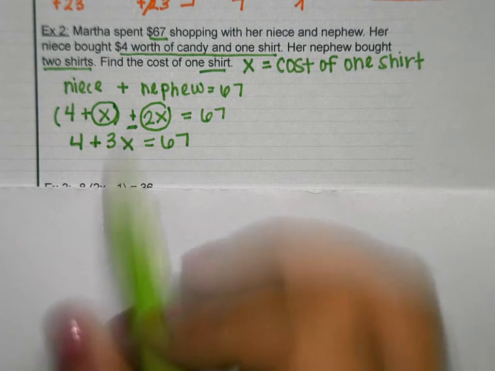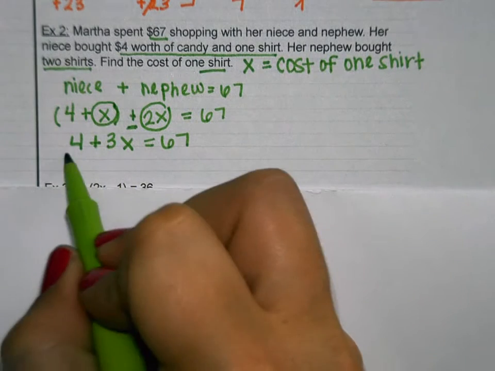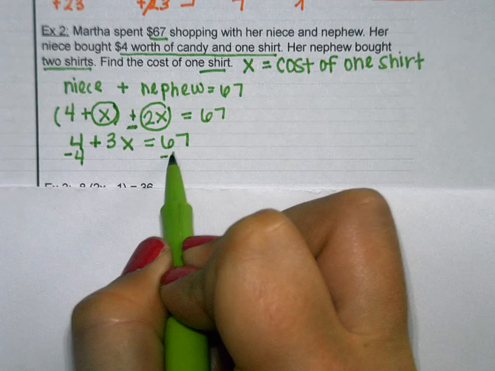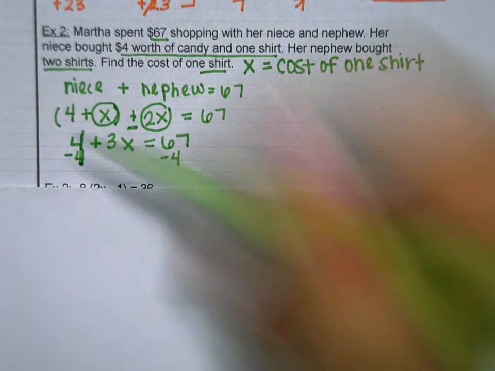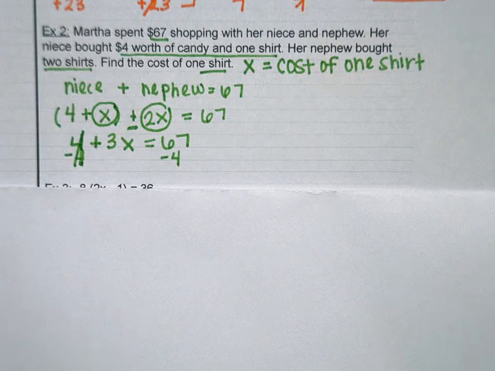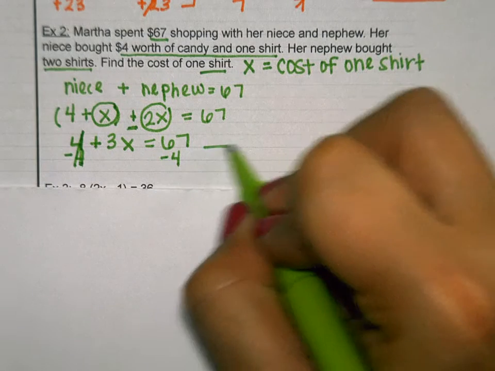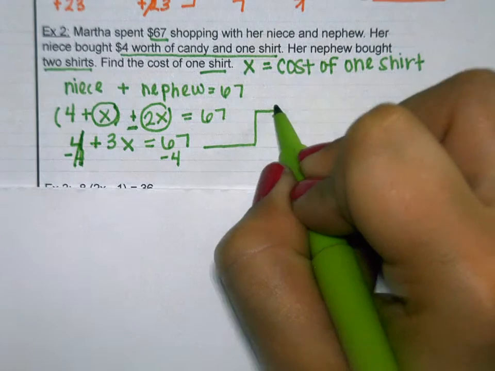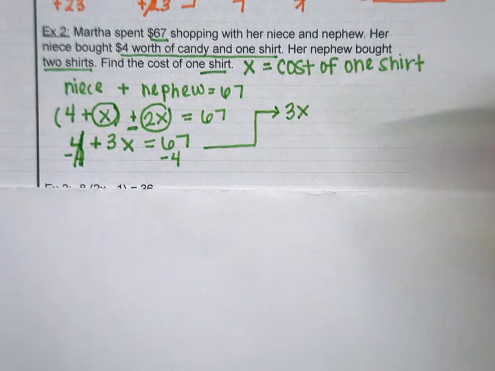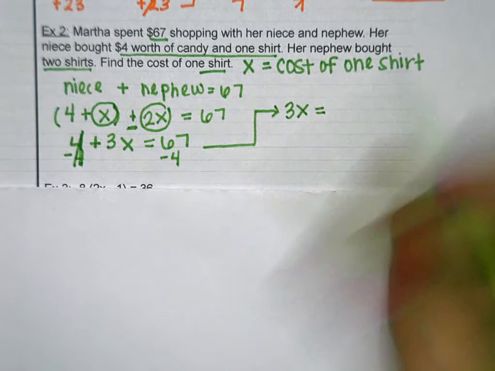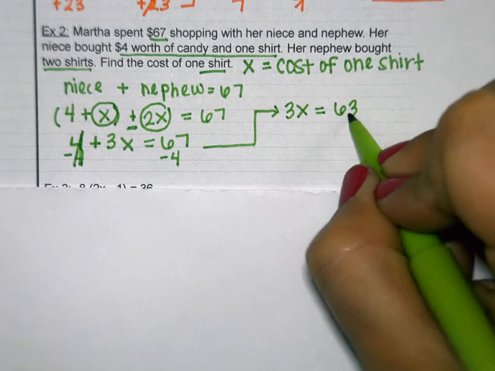And I will need to get that 3x by itself. So I'm going to subtract 4 from both sides. 4 minus 4 gives me 0, so those cancel. I'm going to move my work over. So on the left, I have 3x equals 67 minus 4 gives me 63.